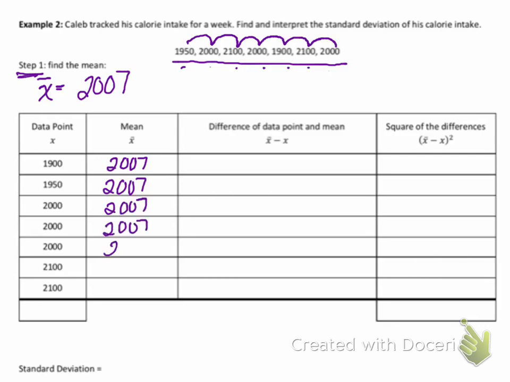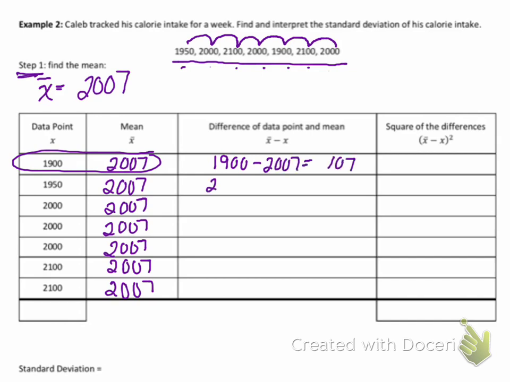Once I've done that, in my next column, all I'm going to do is subtract these two bits of information. I'm going to take my first data point and subtract it from my mean. So 1,900 minus 2007 gives me 107. I'll do 2007 minus 2007.